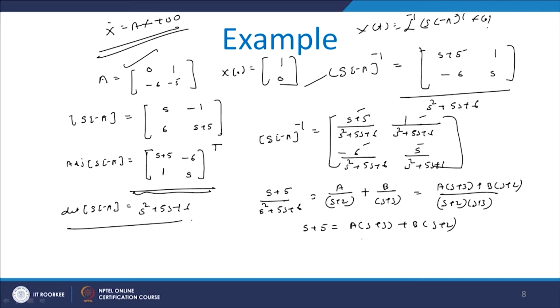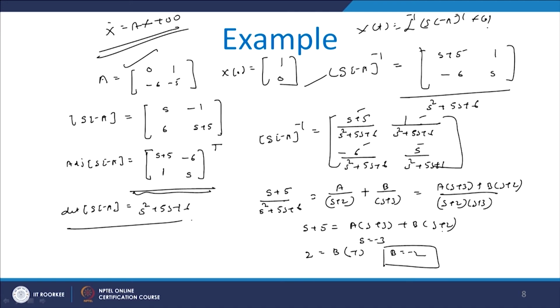Suppose we replace s equals minus 3. If we replace s equals minus 3, this becomes 0 and we can get the value of B. So, we can write down this is minus B equals 2, so we get B equal to minus 2. So, we got B equals minus 2 by means of this. Now, the next step: we have to replace s equals minus 2 here.